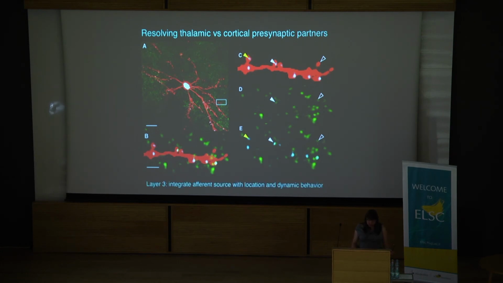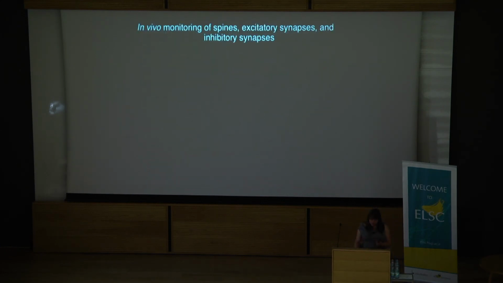So the layer 3 of this type of modeling would be to integrate the different afferent sources with the location and dynamic behavior of the synapses. To summarize, what have we learned from in vivo imaging of spines and synapses?